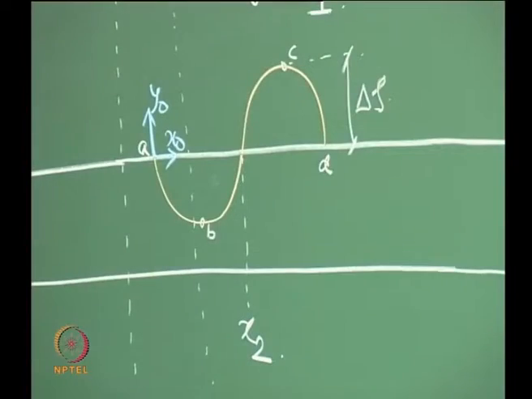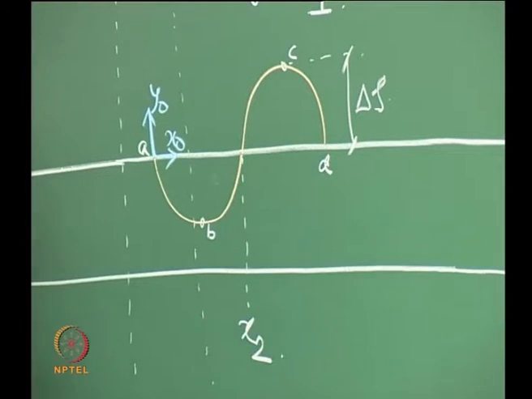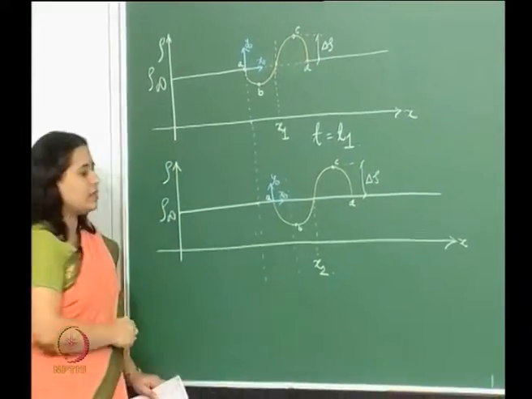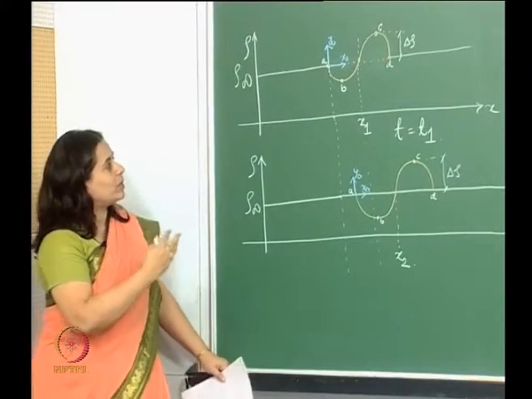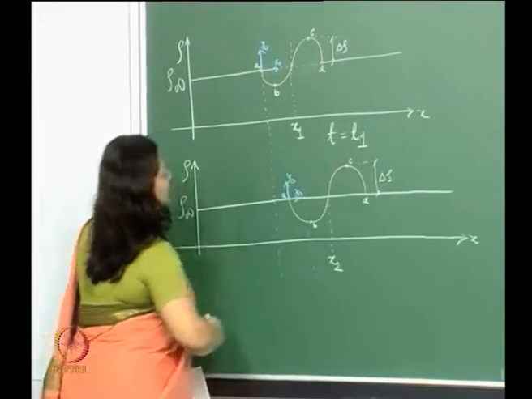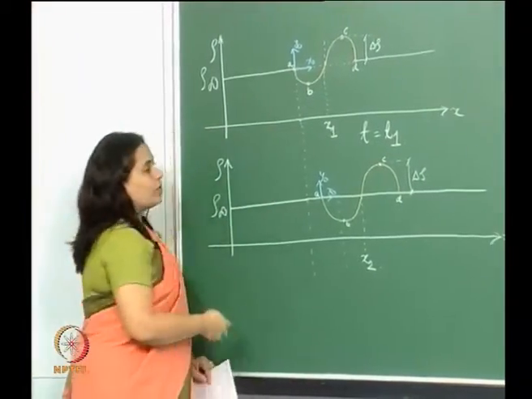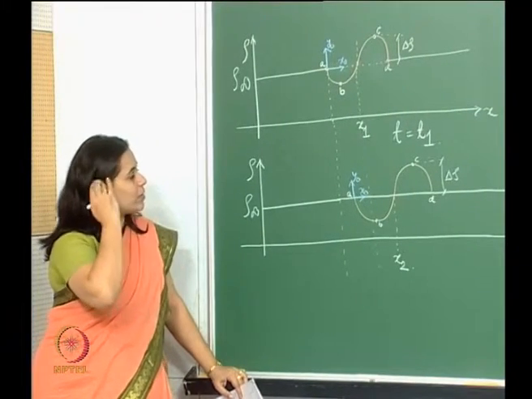So, as I move along x, I see this happening. I just reproduce exactly the same thing, except that it is slightly further down away from where it originally happened in the flow.